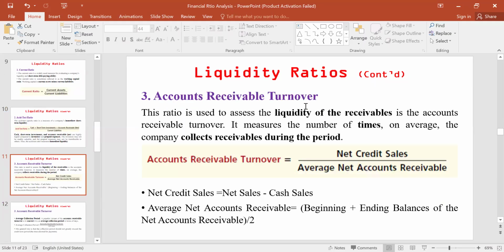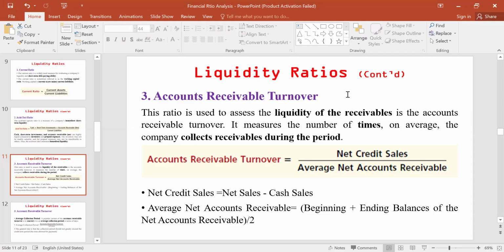Another is account receivable turnover. Account receivable means how much you will get from your client or your customer. That's one kind of asset. This account receivable arises from a sale on credit or on account.